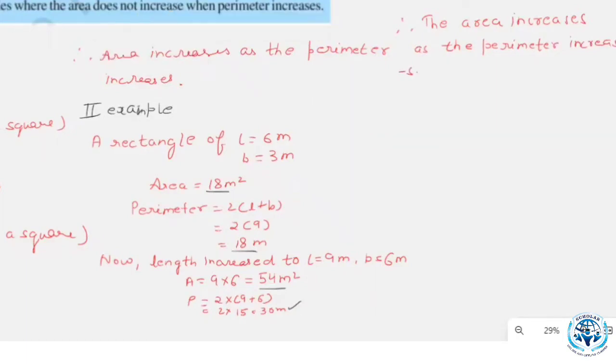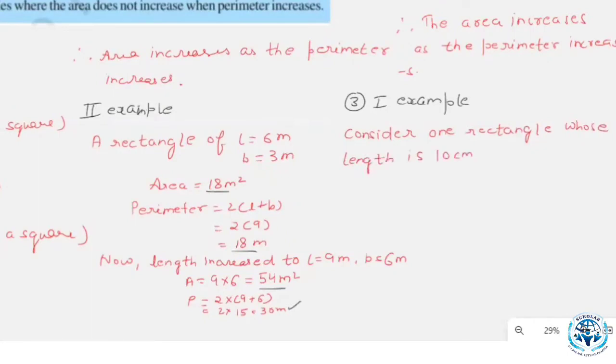Now they are asking, give examples where the area does not increase when perimeter increases. The first example: consider one rectangle where length is 10 centimeter and breadth is 8 centimeter.